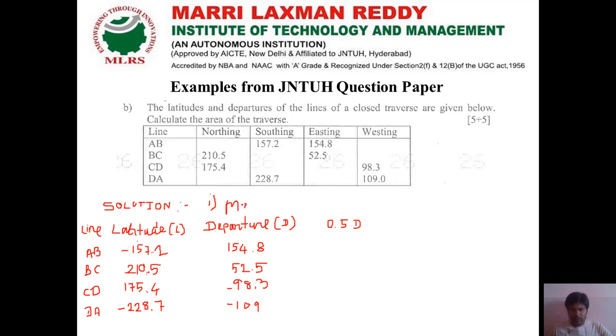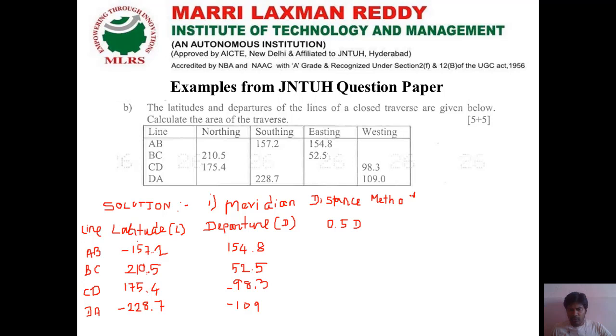For both the meridian distance method and the double meridian distance method, the line, latitude and departure columns are the same. So this is called the MD method.